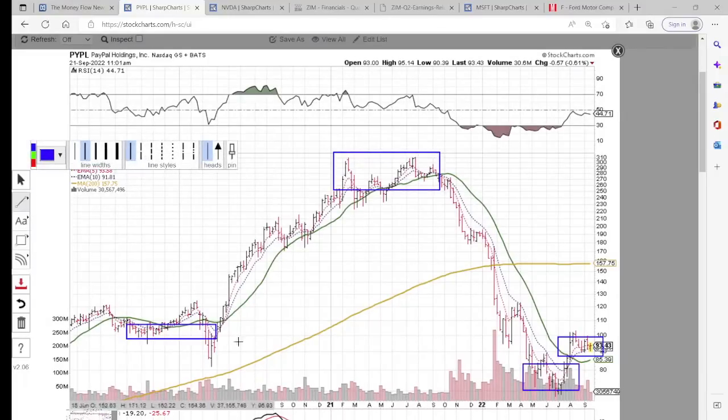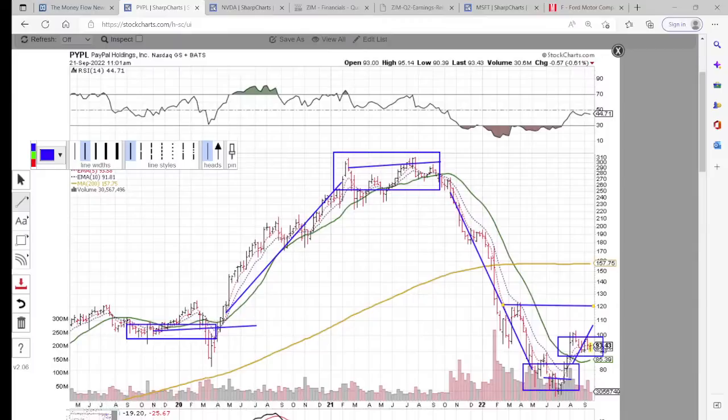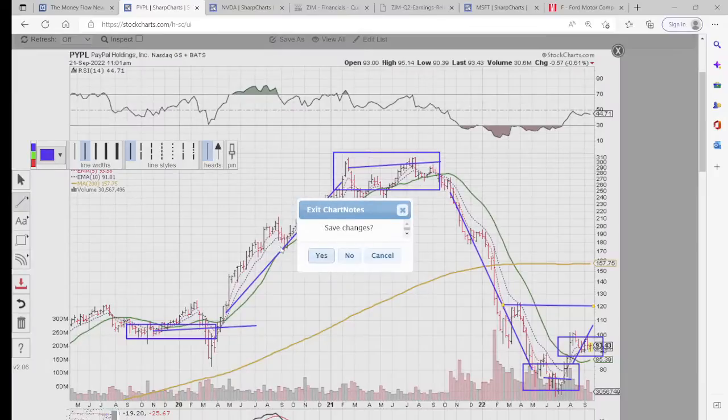Crazy, man. This is huge. And then what? Now we're on that side. So if you're looking at this on a weekly, it could easily run to 120, right? Easily run to 120. That's PayPal on a weekly.